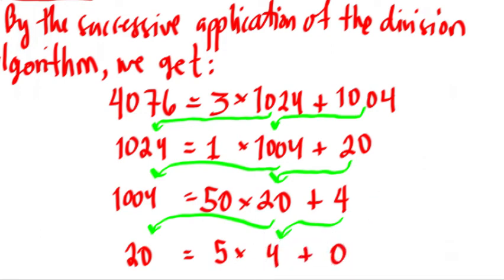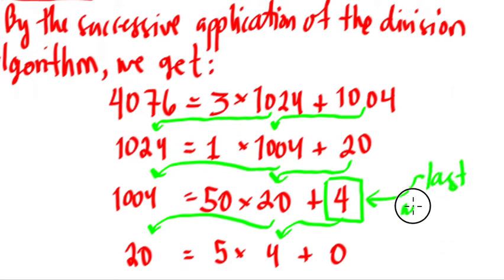So just to take a look at this, we want this 4. This is our last non-zero remainder.